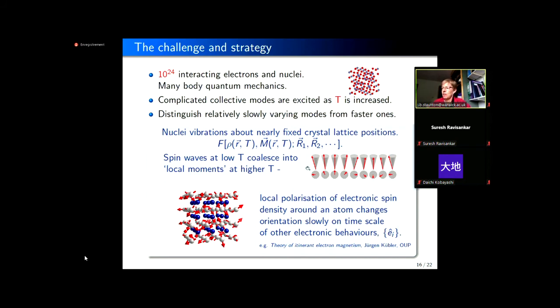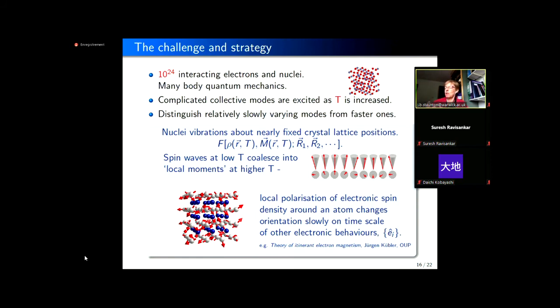The idea is that a magnetic material, with all its many electrons and its nuclei arranged in particular ways, can be characterized at a finite temperature by saying that it has atoms, and the electronic density near any atom has a magnetization direction along a particular direction, and then at a time later this will vary and point in a different direction.